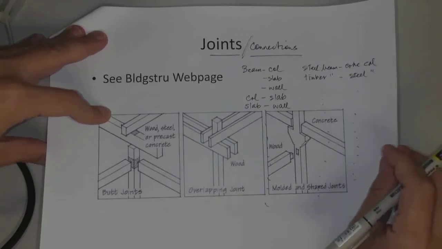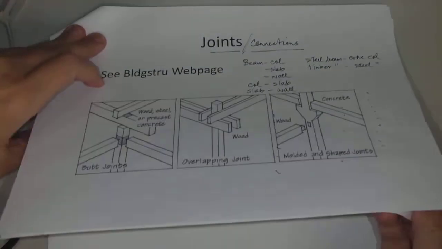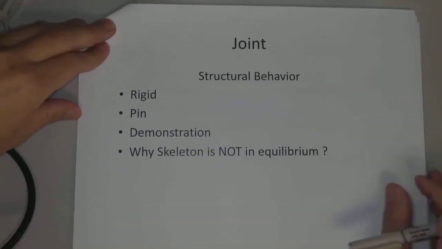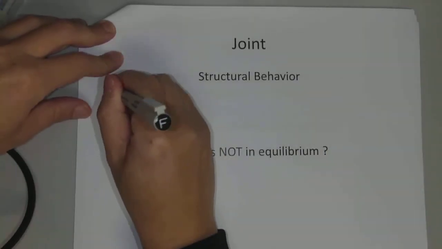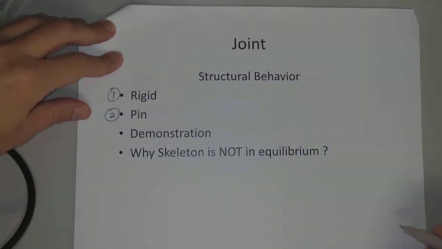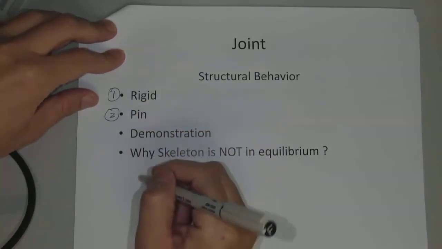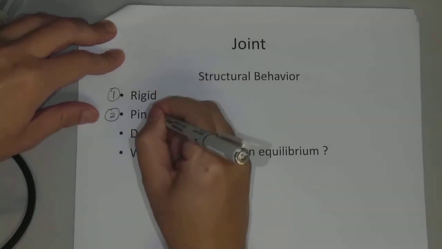So we just classify all connections into simply two types. Type 1 and type 2. That's it. Type 1 is called rigid joint or rigid connection. Type 2 is called pin joint.